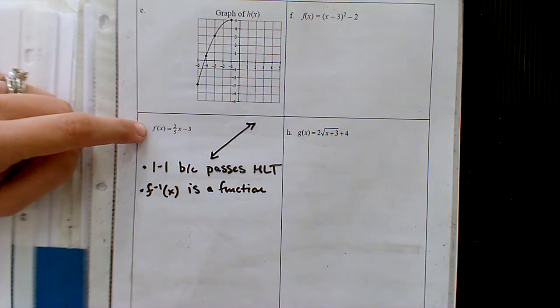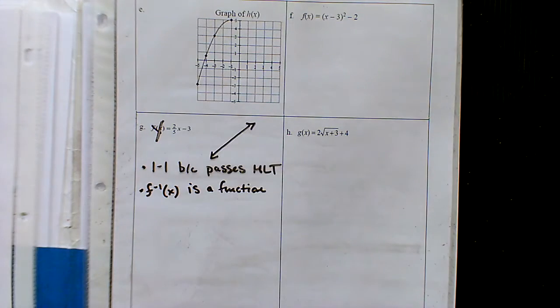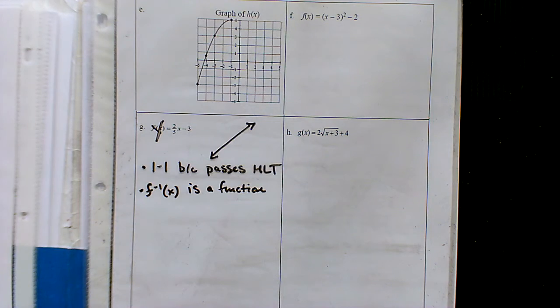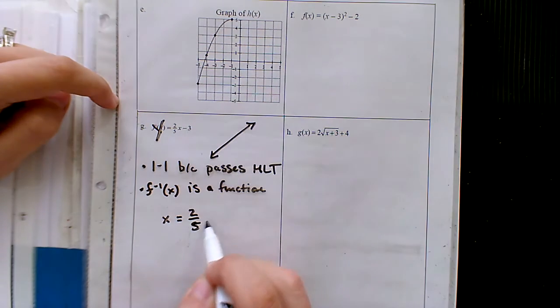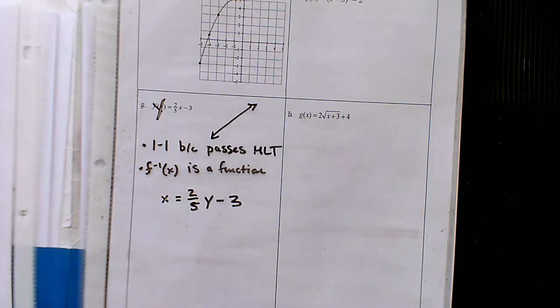So to figure out the inverse of a function, back to that concept of switching the variables, we're going to turn every y into an x and every x into a y. So this could look like x equals 2/5 y minus 3. The issue with equations is you're used to seeing y equals, so we're going to solve for y to make it more comfortable to look at.